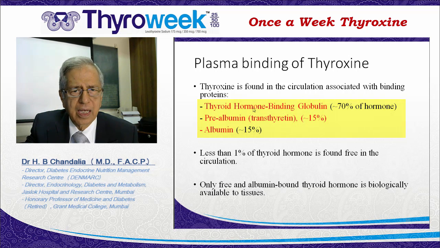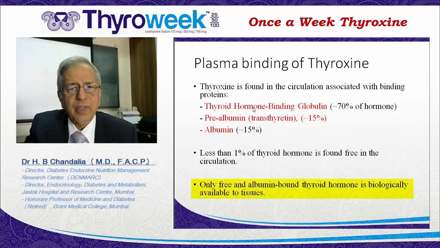So you will realize that almost 99% of the hormone is bound when in circulation, and only 1% of the hormone is available for free action in the circulation. Only the free hormone is the biologically active hormone.